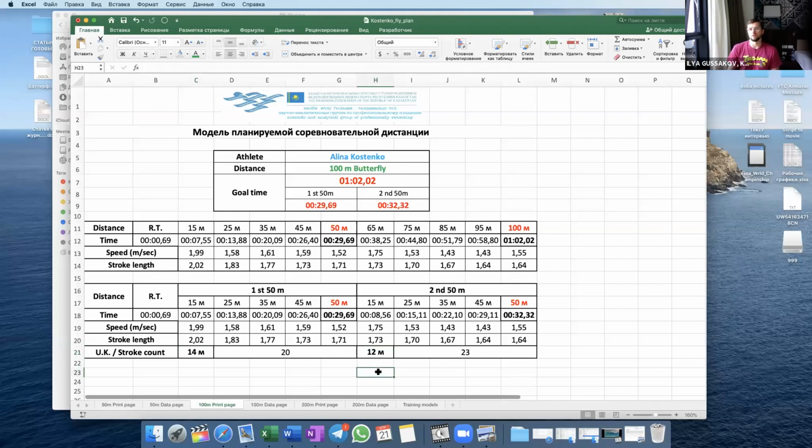It's hard to do all 15 meters from each wall. So for example, after the start, she's doing 10 kicks, and she understands that 10 kicks is enough for 15 meters, and then she can break out and do 20 strokes, for example. And then after the turn, it's still 10 kicks, but it's not going to be 14 meters. It's 12 meters and then 23 strokes.